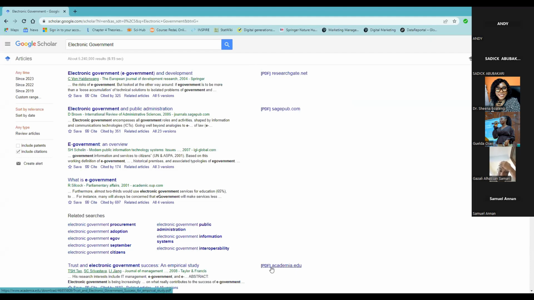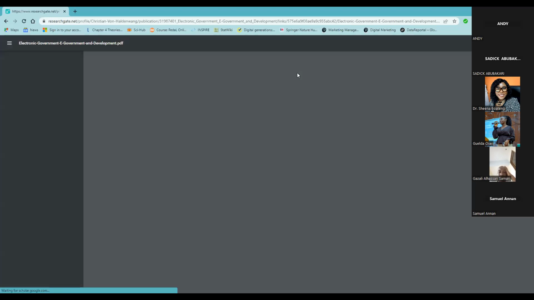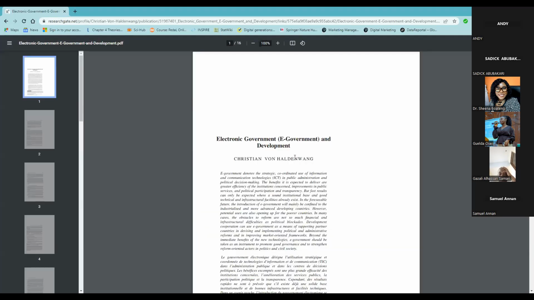This link will usually take you to articles that are open access on the platforms they are listed on, or versions of the articles saved on the computers of the owners or in some database somewhere on the internet. You notice that this article is Springer. The University of Ghana does not pay for Springer, I believe. But if I wanted this article, I could go through this link. When I click on it, it will take me to ResearchGate, where the article is listed, and it will automatically pull it up for me.